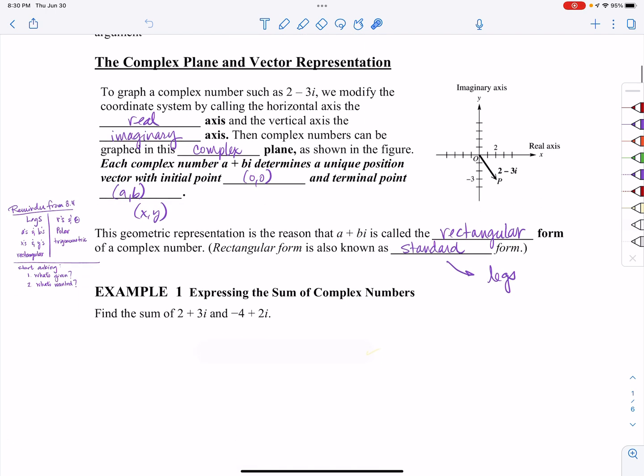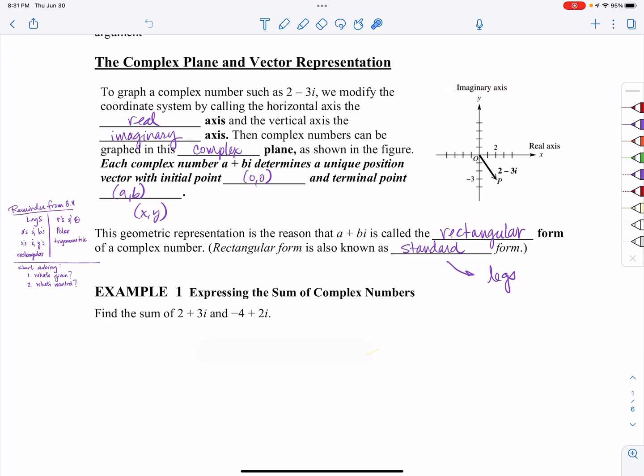All right, so let's take a look at this complex plane. If I wanted to graph a number such as 2 minus 3i, we can modify our regular old coordinate system by calling the horizontal axis the real axis and the vertical axis the imaginary axis.